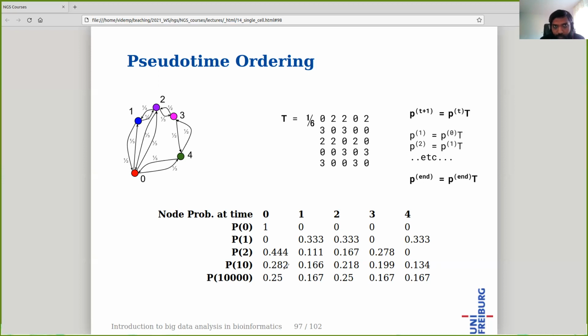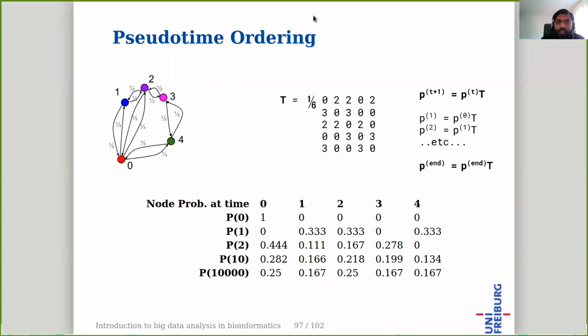So after 10,000 iterations, what we see here, let's say it has converged already, is that the probabilities of 0 and 2 are much higher, and this indicates that 0 and 2 are more connected than the other nodes in the graph. So these are the most important cells, these anchor cells.